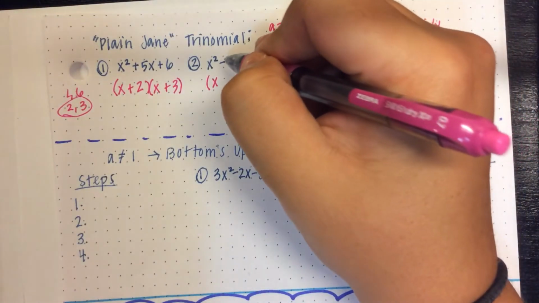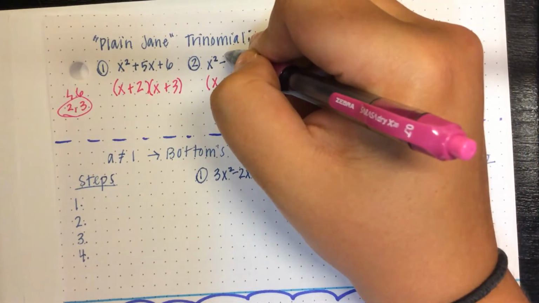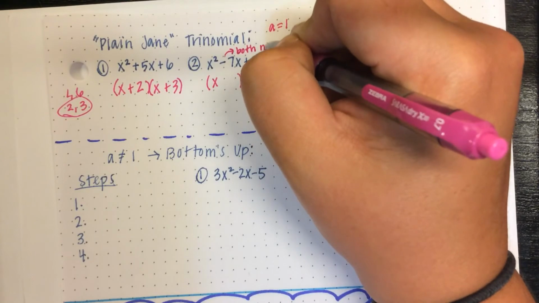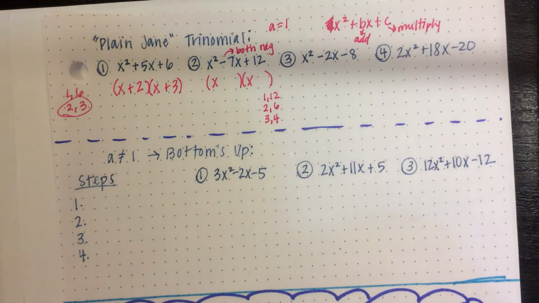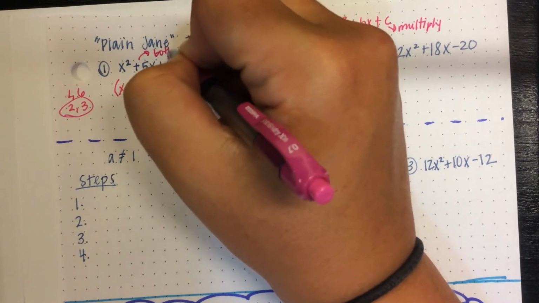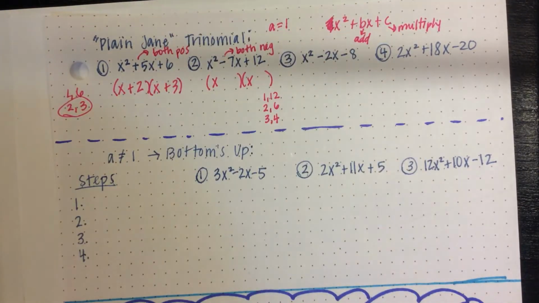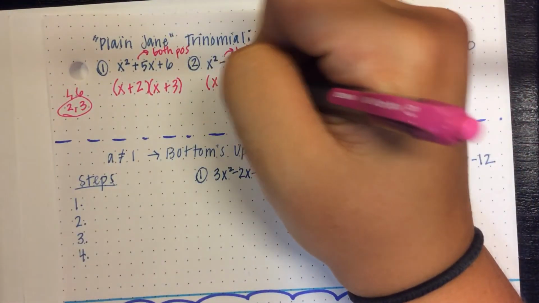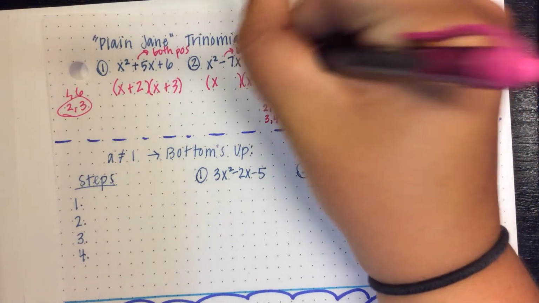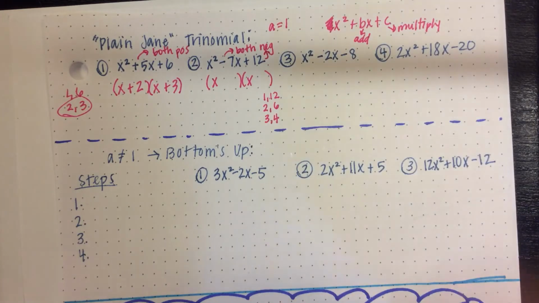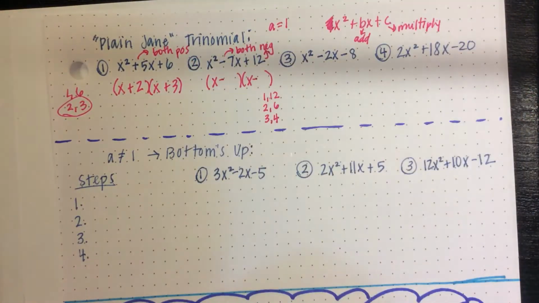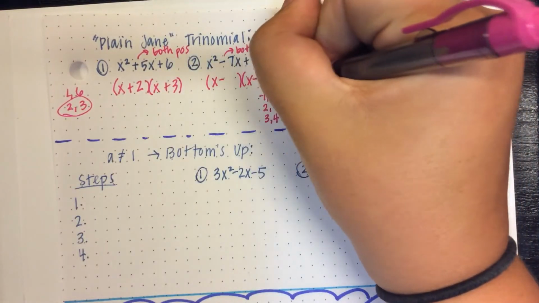So anytime I have a negative b value, both of my factors have to be negative. Here, if everything's positive, they're both going to be positive. But here, both are going to be negative. As soon as you have a positive c value but a negative b value, both of these are going to have to be negative.